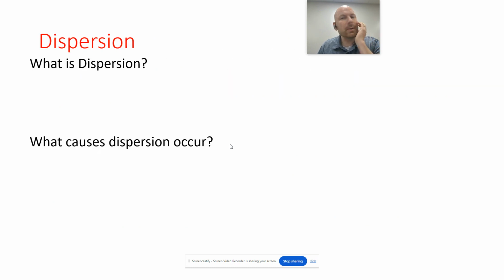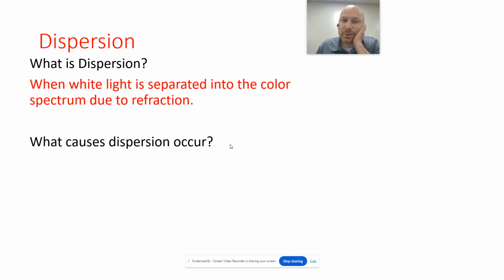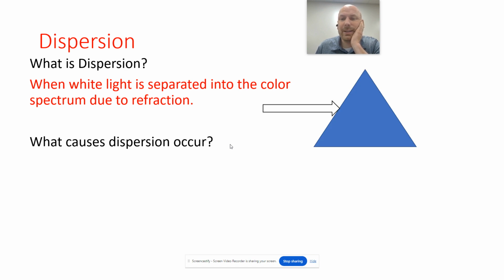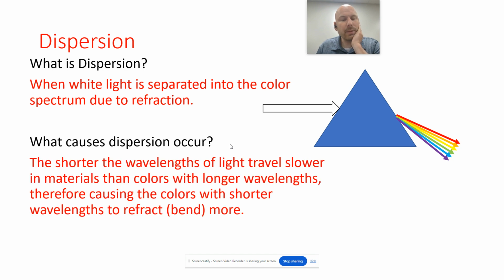Okay. So another example of a special case of refraction is dispersion. So dispersion is when white light is separated into the color spectrum due to refraction. We see this when we use a prism, sending white light into a prism and it refracts a whole bunch, causing a rainbow to appear. Okay, a whole color spectrum.